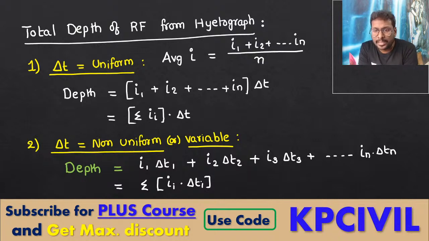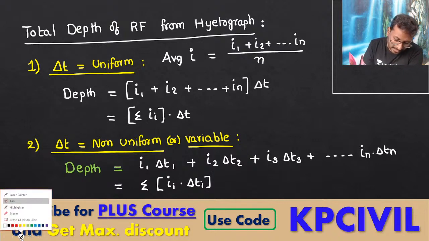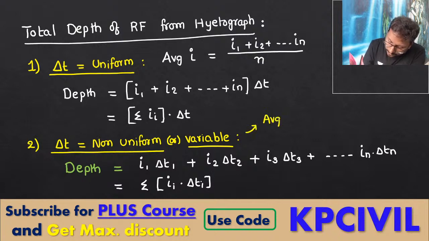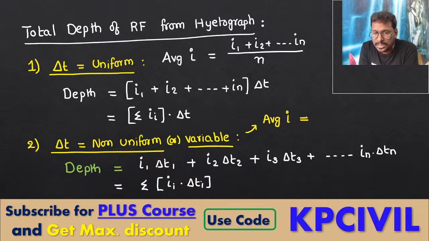Average intensity you can take as the simple mean. But if the time difference is non-uniform or variable, in this case the average intensity is different.